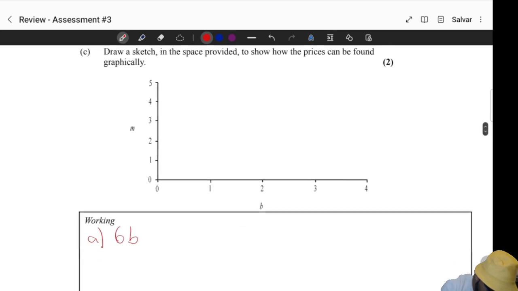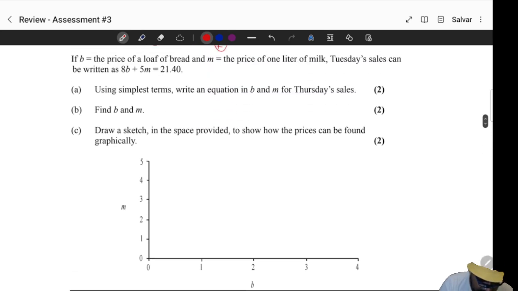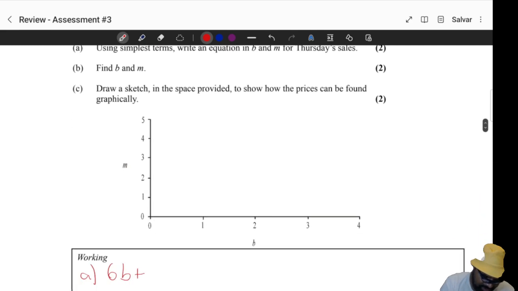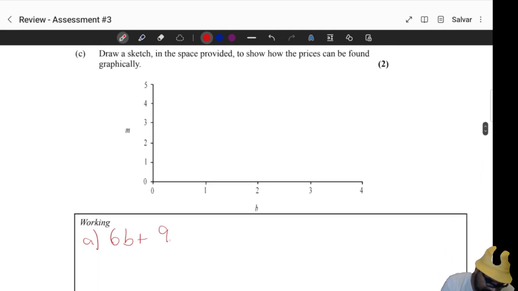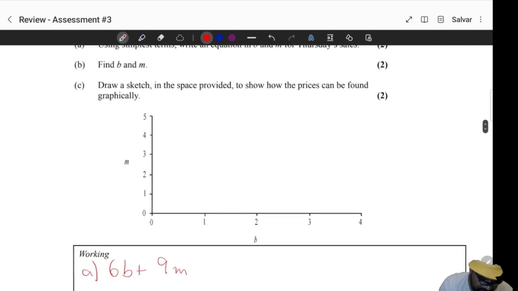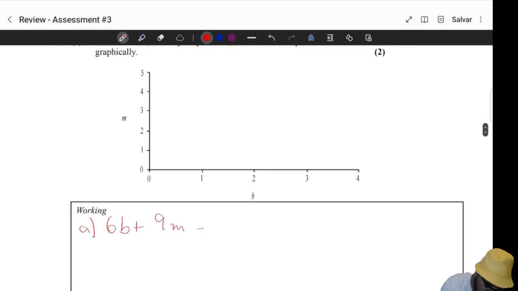Then that's why it's addition. 6B plus 9 liters of milk, 9M. And were sold for $23.40 equals to $23.40. Great.